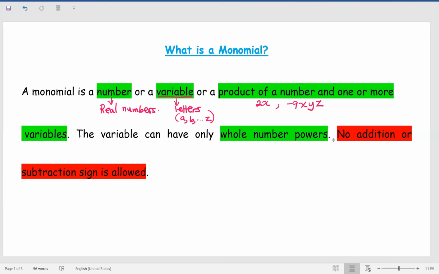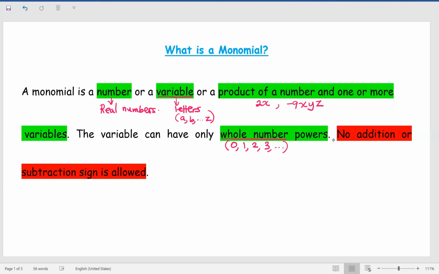Okay? Now, the special thing also about the monomial, the variables can have powers, but these powers must be whole numbers. So this means that the power of the variable can be, let's say, 0, 1, 2, 3, and many others. So this means that you must not have a negative power. You get that?